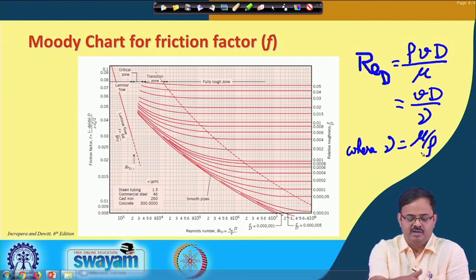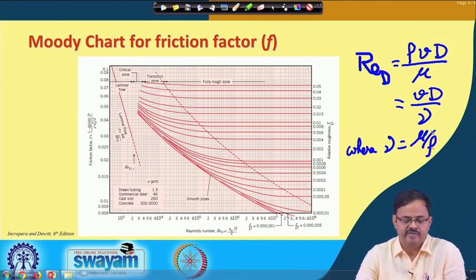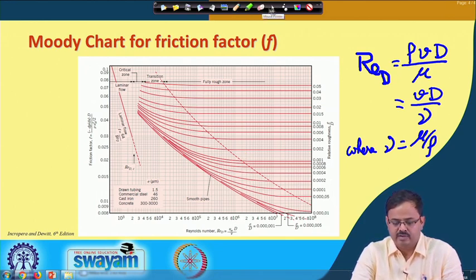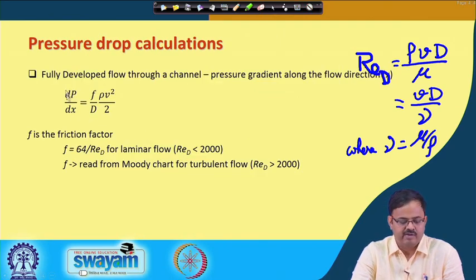If it is laminar, you get the value of F. If it is turbulent, you also have to ask for the surface roughness. If it is very smooth, not a problem, assume it to be 0.00 and just take the lowest curve. But if there is a surface roughness provided, calculate E by D and read out the friction factor from this Moody chart. Go back to the previous curve and find out the pressure gradient and therefore the pressure drop.